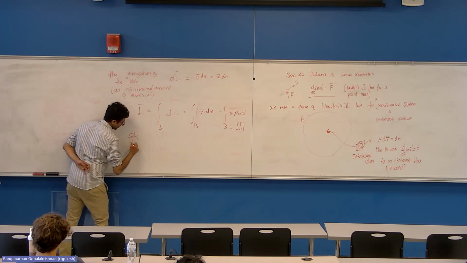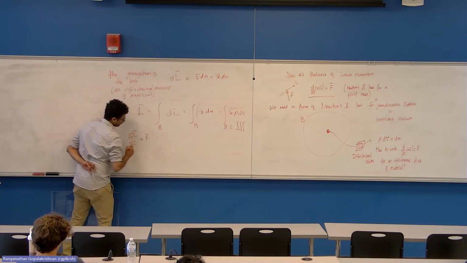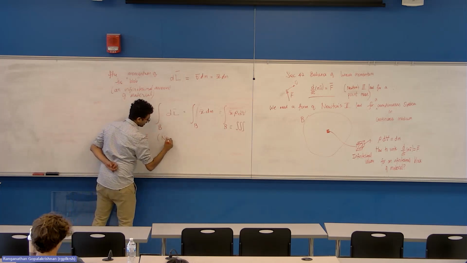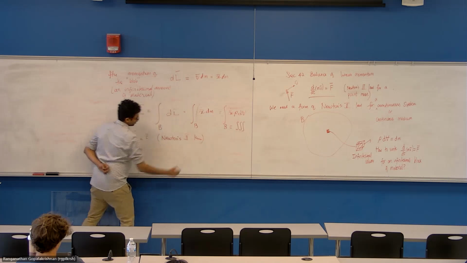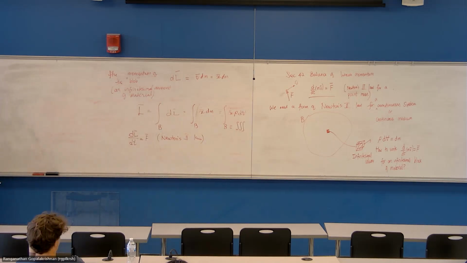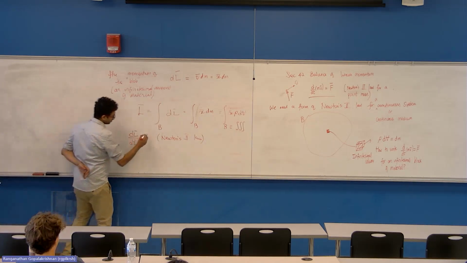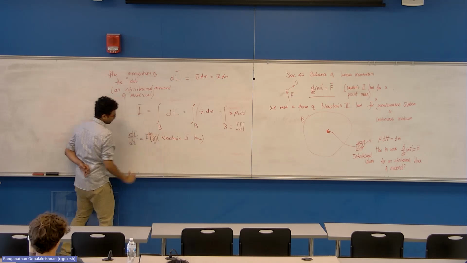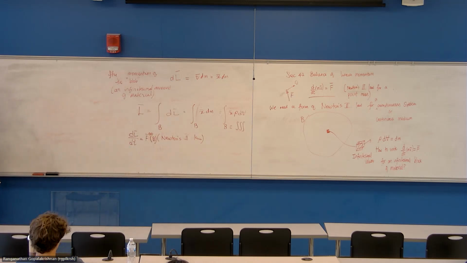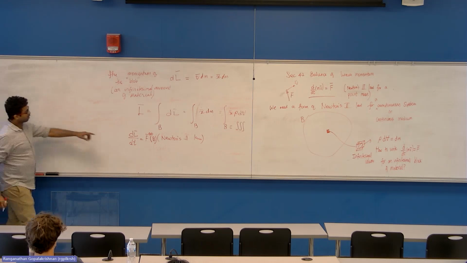So if I want to calculate dl over dt and equate that to force, this is basically Newton's second law. And I would write, since this is the force on the body B and it's an external force, we'll write it F external. What is L?